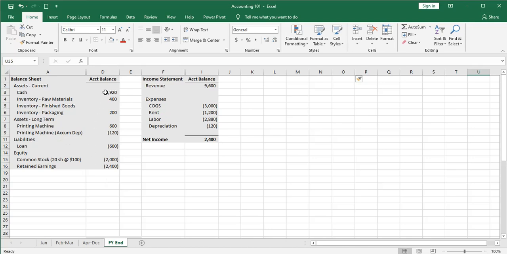And you'll notice that we have assets, and I'll include accumulated depreciation in that. Assets equals liabilities plus owner's equity. So that asset total is $5,000, and the liabilities plus equity is also $5,000. So our accounting equation is balanced. This is our income statement before the closing entry. So it shows our income and expenses netting out to $2,400.